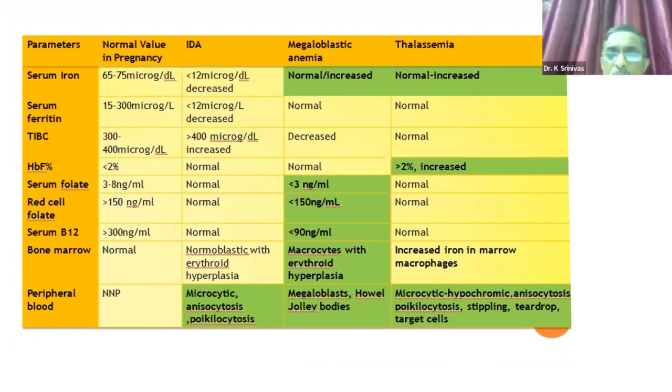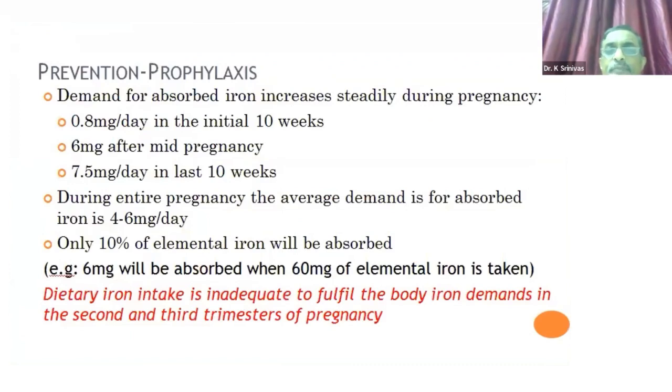When you look at the bone marrow, you usually find erythroid hyperplasia in IDA. Then you have increased iron in the bone marrow in thalassemia, and you find macrocytes with erythroid hyperplasia in megaloblastic anemia. And of course, peripheral smear, I have already told what are the differences.